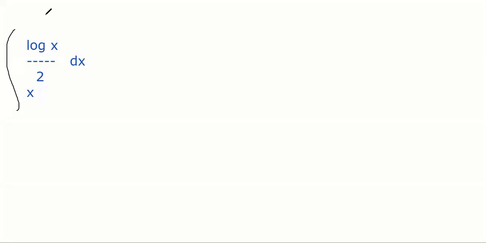First I'll write both in separate form: log x into 1 by x square. That is my integration, the question. Obviously, I'll take ILATE. So log comes much before algebra.